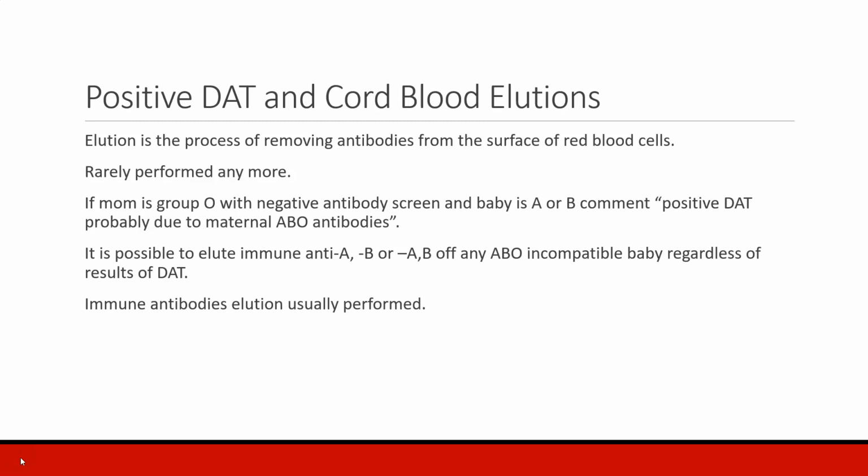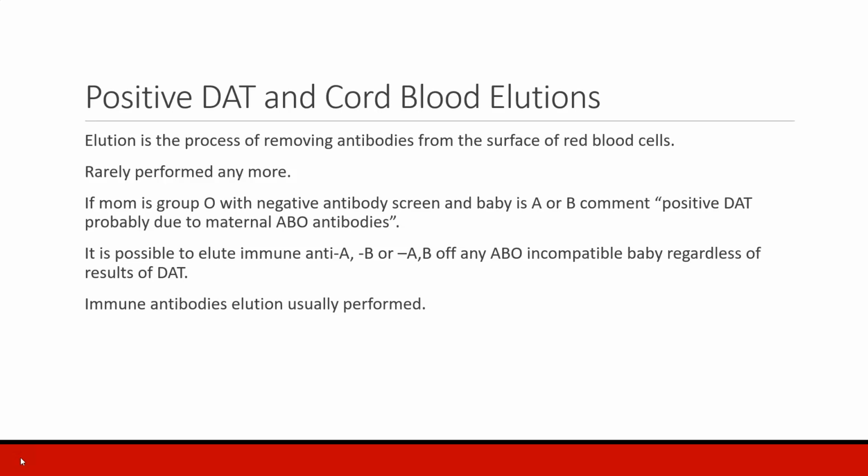It takes about an hour to do a Lui freeze elution, but it's so cool because you do this elution, then you test, and the antibodies that you pop off the cells are the mom's antibodies. The antigens that we're popping them from are the baby's. And so you get these antibodies free in solution. You test them against A, B, and screen cells.